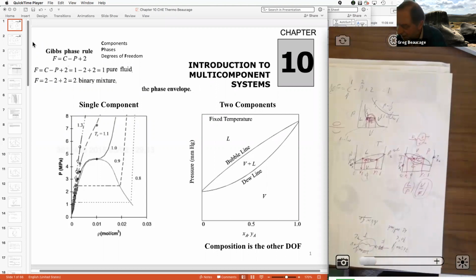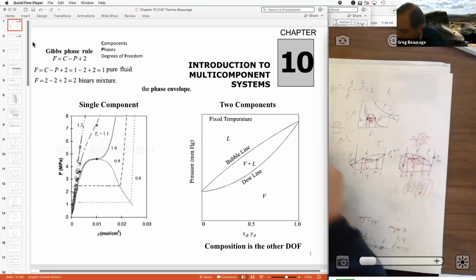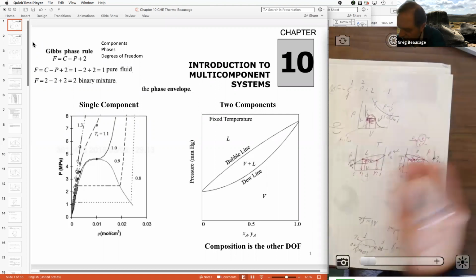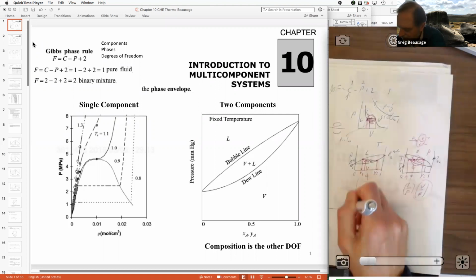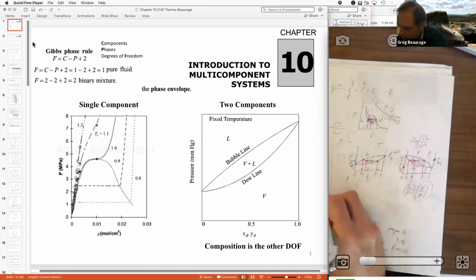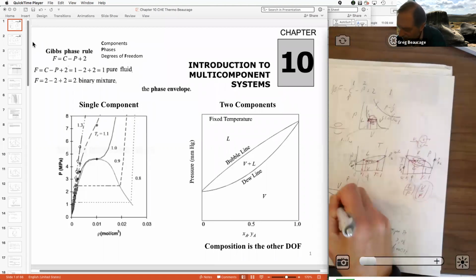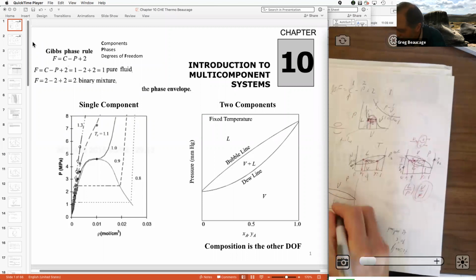If you start in the liquid phase and then you go up, so you have a T composition diagram. It's at fixed pressure. Kind of looks like that. You have the vapor and the liquid. So if I start in the liquid and then I heat, then I reach this point, the first point where the vapor starts to form.